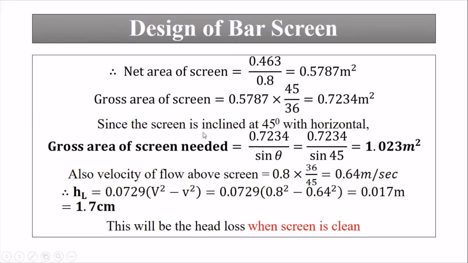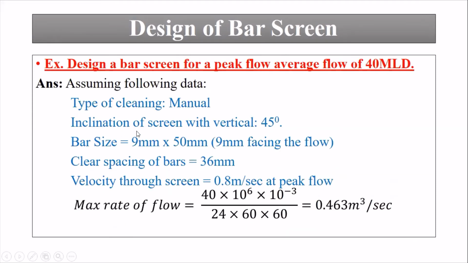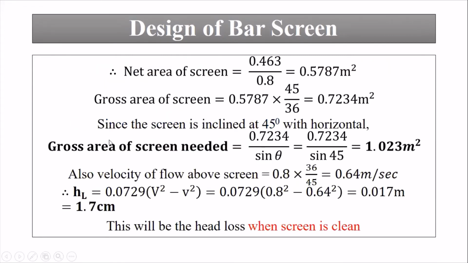Since the screen is inclined at 45 degrees, the gross cross-sectional area is 0.7234, the gross area of the screen, divided by sine theta, where theta is 45 degrees. Your answer is a gross area of the screen of 1.023 meter square.